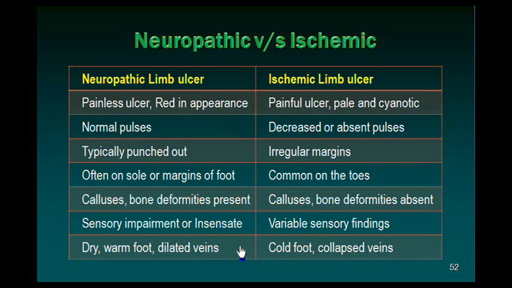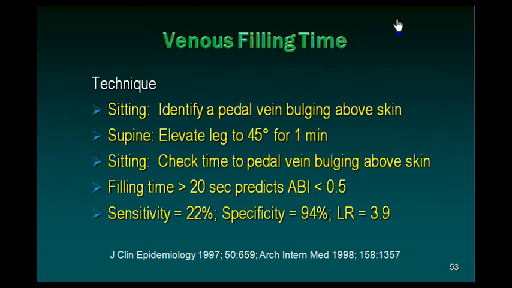Feet are dry and warm with dilated veins in a neuropathic limb ulcer. In case of ischemic ulcer, the feet are cold and the veins are collapsed because of poor blood flow. These are some of the salient features to differentiate neuropathic from ischemic ulcers. Remember, in a given patient, you may have a combination of ischemia and neuropathy, then the features will be mixed.